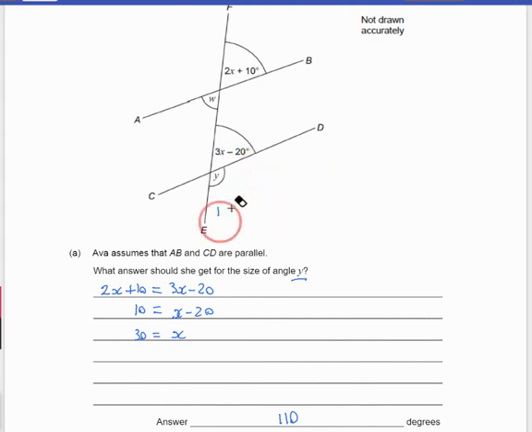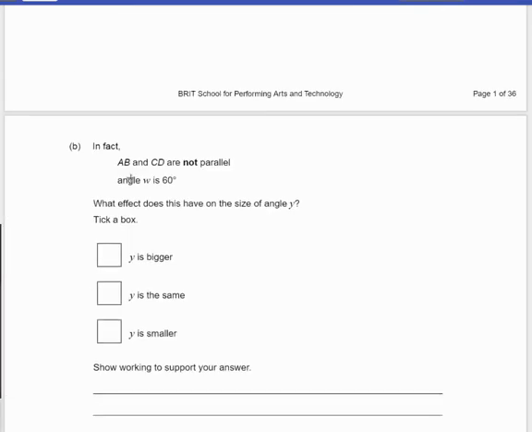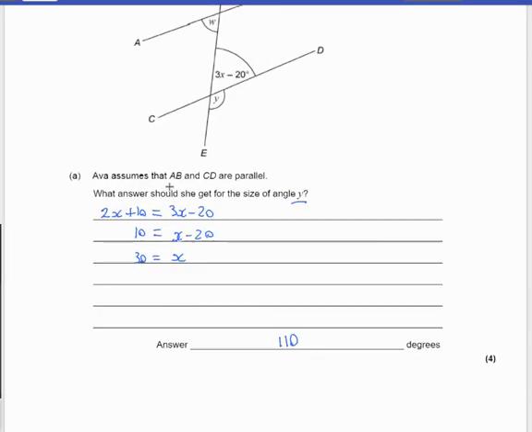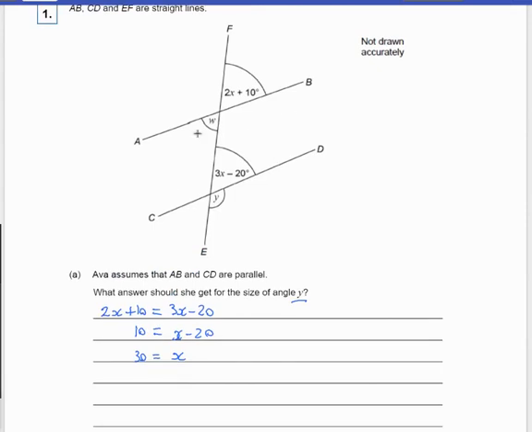Let me just check again, sanity check, should I say. W is 60, but we know that this 2x plus 10 is vertically opposite the 60, which means that they're equal, because vertically opposite angles are equal.